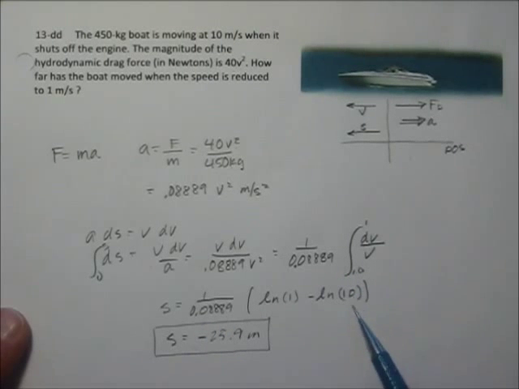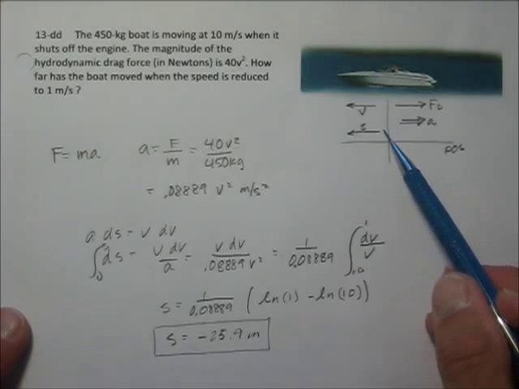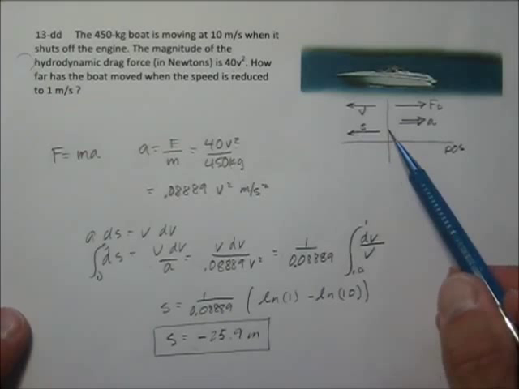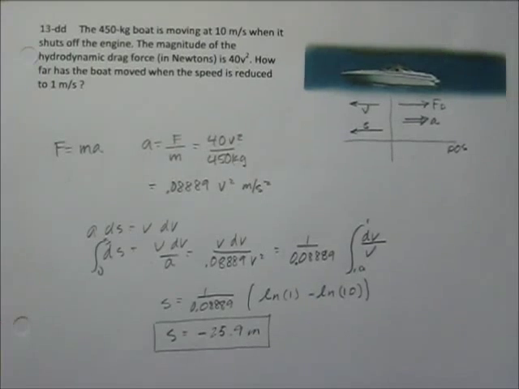You calculate that out, and we get s is equal to negative 25.9. And again, it's negative distance because I defined that as positive, and I moved in that direction. I slipped in that direction before I stopped, so I ended up getting negative 25.9 meters.